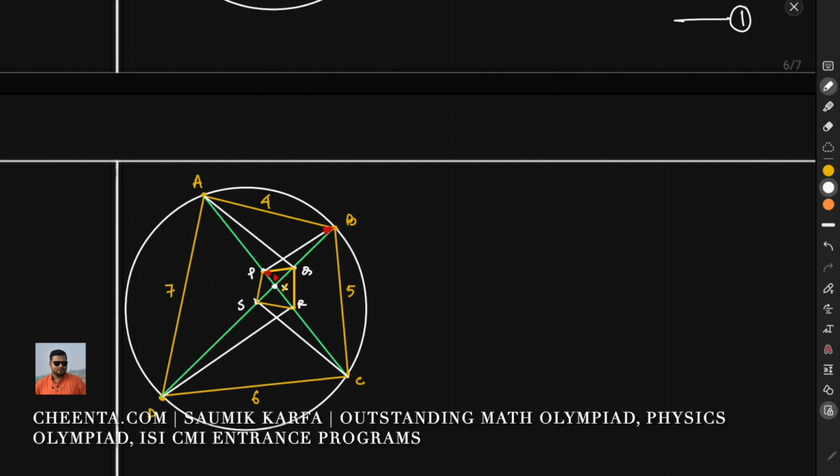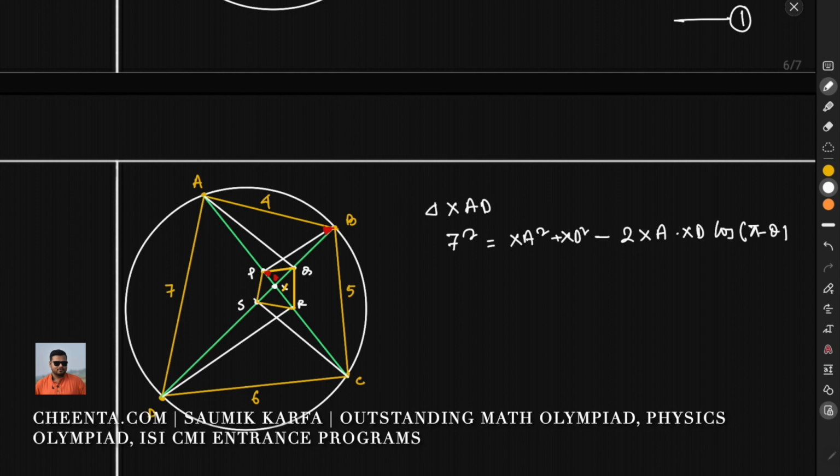On the triangle, applying the cosine law on triangle XAD, we get 7 square equals XA square plus XD square minus twice of XA times XD cosine of pi minus theta, because the angle holding them was pi minus theta.